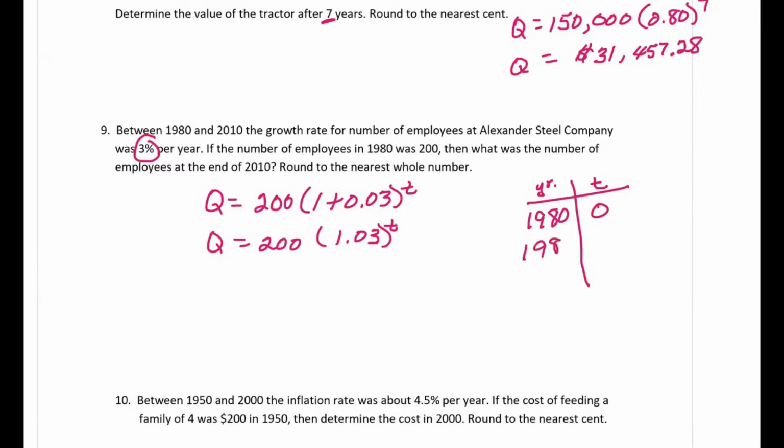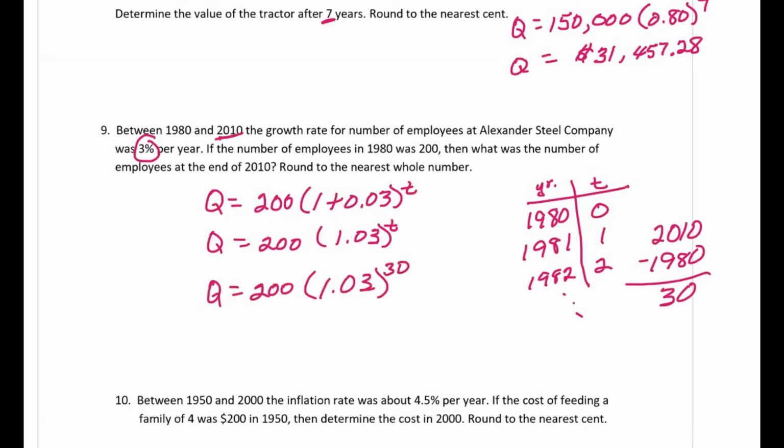So 1981 would be 1 year, so t is 1. 1982 would be 2 years, so t is 2, and on like that. So what I want to end up with is the year 2010. If I take 2010 and subtract 1980, I see that it's going to be 30 years. So I'm going to put 30 in place of t, and we put that into the calculator, and you get approximately 485 employees.